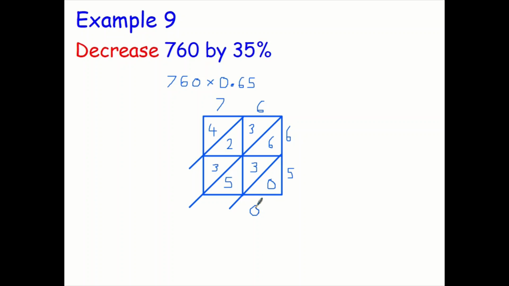Add along your diagonals: 0, 14, 9 and 4. That gives 4940. If it's decreasing 760 by 35%, I reckon my final answer is going to be 494.0.